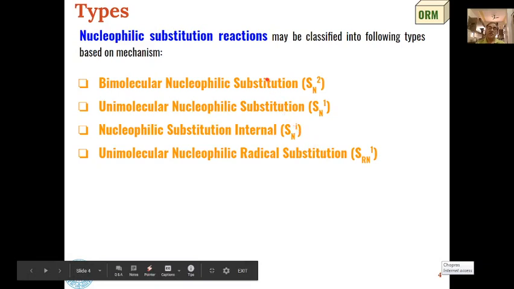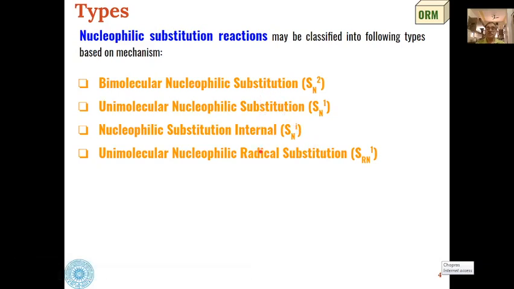And as I have told you in the previous lecture, nucleophilic substitution reactions we will study under these four categories. Bimolecular nucleophilic substitutions, SN2 reactions, we have already covered in the first lecture, and in this lecture we will be discussing most of the things about unimolecular nucleophilic substitution as one type of reaction.